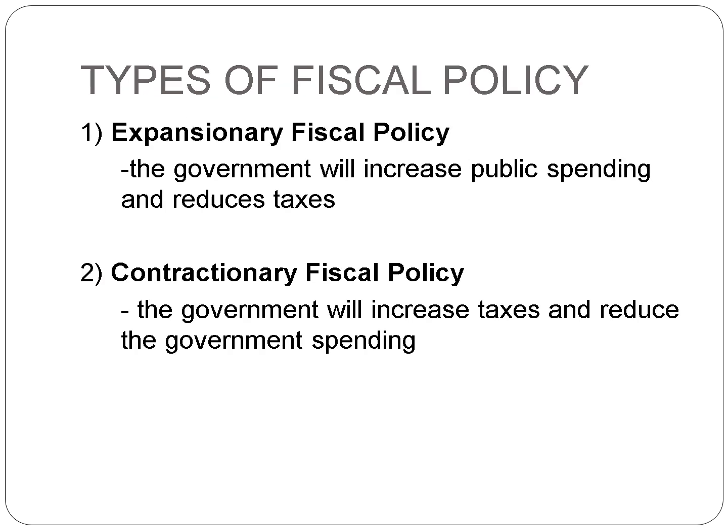Fiscal policy also has types: expansionary and contractionary. Expansionary means the government will increase public spending and reduce taxes. What is contractionary? Contractionary means the government will increase taxes and reduce government spending.